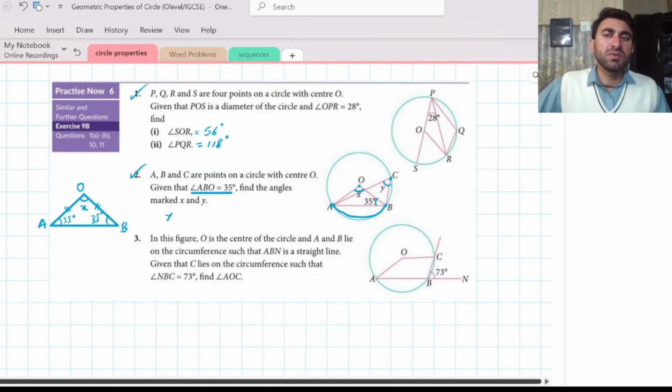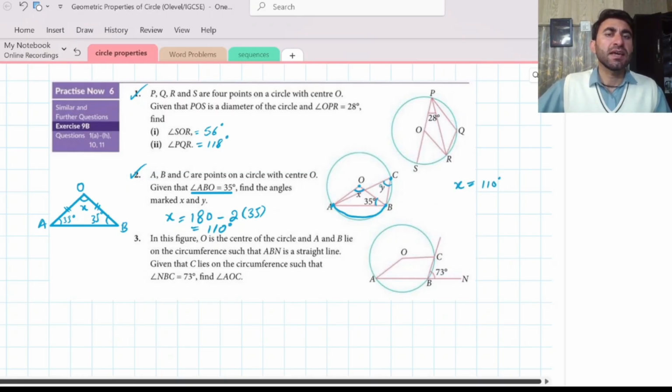So X must be 180 minus 2 times 35 degrees, because that is an isosceles triangle. So the value of X shall become 110 degrees. So X is 110 degrees.